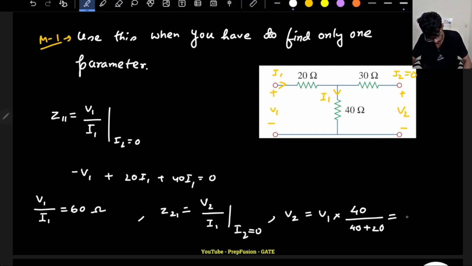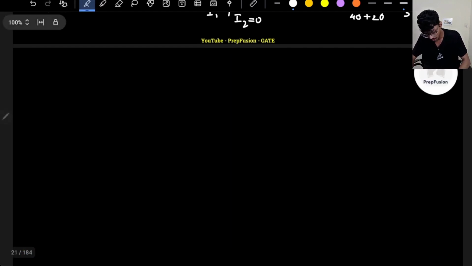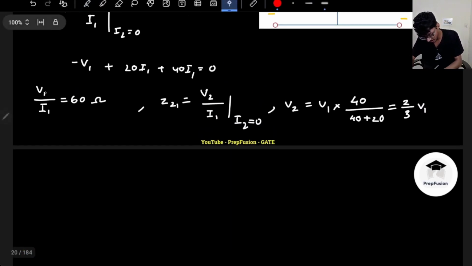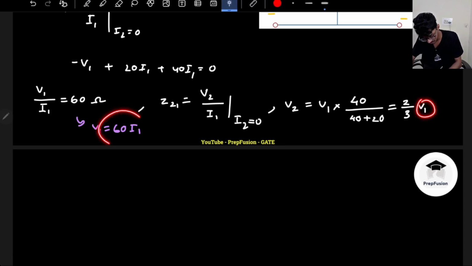So it is equal to 2 by 3 V1. Okay, so this is what my V2 is, but actually I don't need it in terms of V1. I need the V2 by I1 ratio. So what is my V1 in terms of I1? From this equation, V1 is equal to 60 into I1, correct? So I can replace V1 with 60 I1.